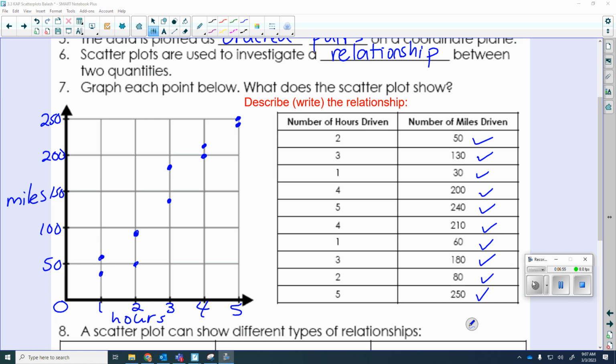So this would not be a function because we have some of the same inputs giving us two outputs, and that's okay because we're not talking about functions right now. Okay. So we want to know, it says, what does the scatter plot show? So we want to write a relationship here. So what could we say about it? Specifically talking about the data that you see. As what?